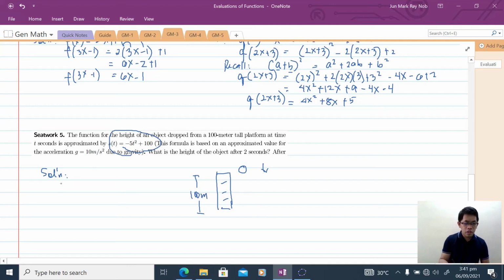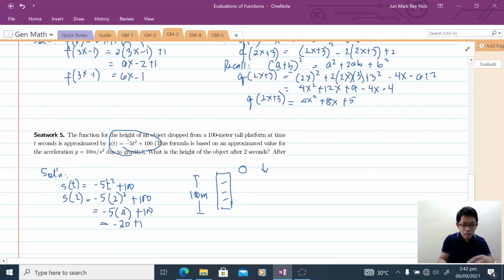So if we're going to determine the height at 2 seconds, just simply evaluate the function at 2. Negative 5 times 2 squared plus 100. So negative 5 times 4 is negative 20, plus 100.